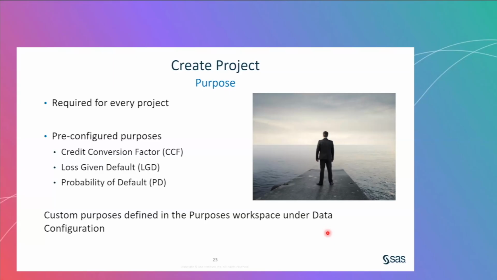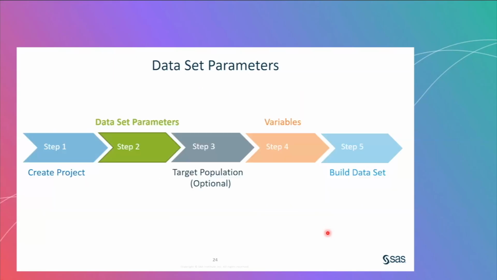Depending on what kind of analytical model you're building, whether probability of default, loss given default, or credit conversion factor CCF, and so on, the project has to be changed, because the kind of columns required as an underlying thing will be different. Correct. And that's the reason these things are to be built as part of this process.